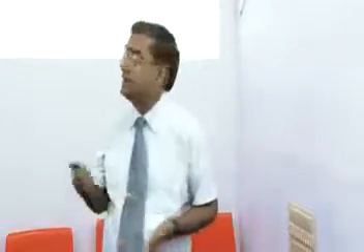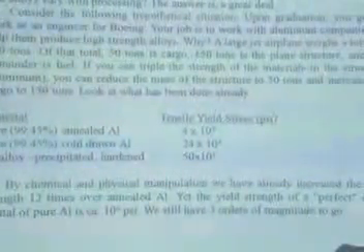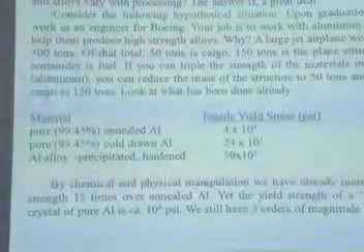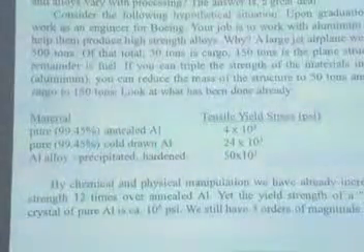If you look into here, this is pure aluminum, that is 99.45%. Its tensile strength corresponds to 4 into 10 to the power 3 psi. If it is pure, but cold drawn, when you draw it, the mechanical properties are improved. So it is increased to 24 times.